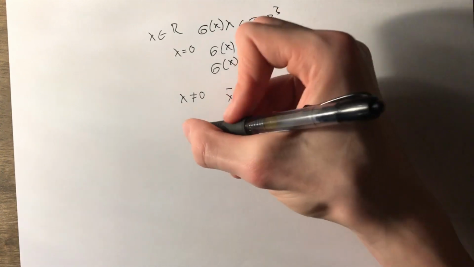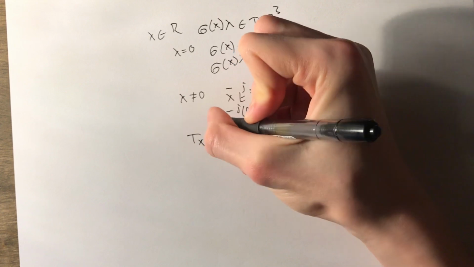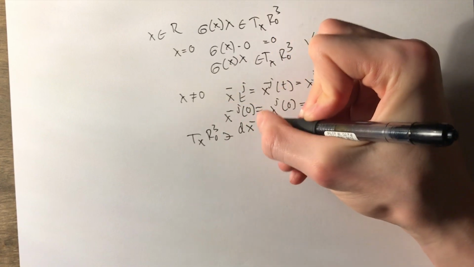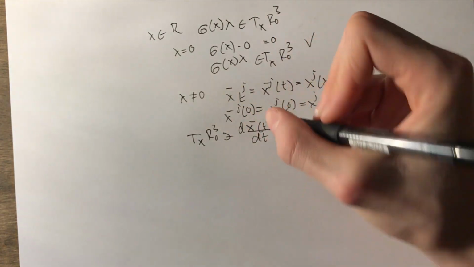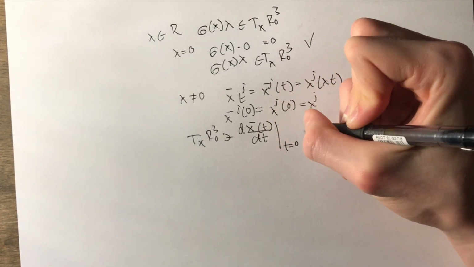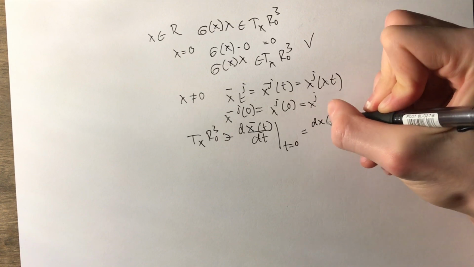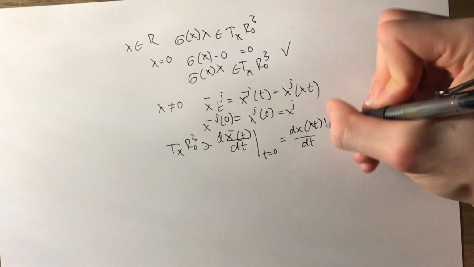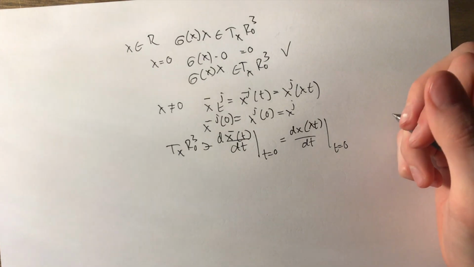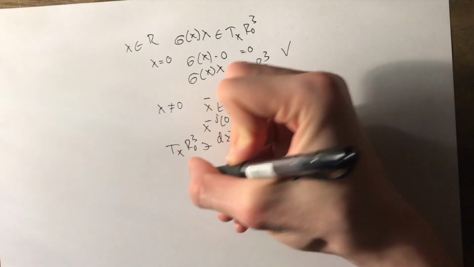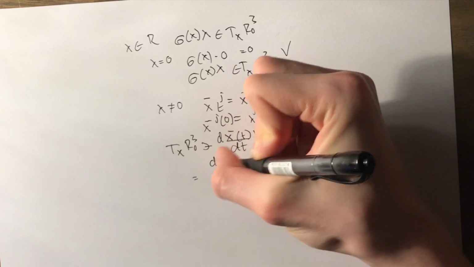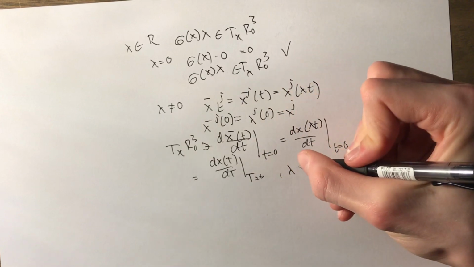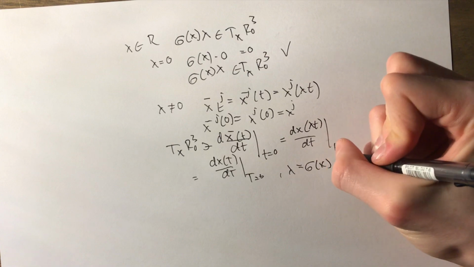So we can conclude that T_x R^3 has an element dx bar of t with respect to t at t equals 0, equal to dx of lambda t with respect to t at t equals 0, equal to dx of capital T with respect to capital T at capital T equals 0, for lambda, equal to sigma x times lambda.